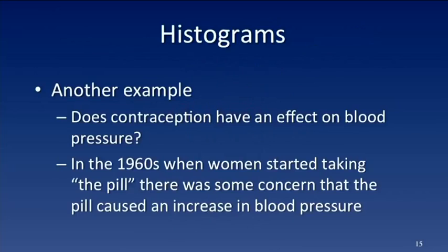Okay, one more example just to sort of drive home the point that looking at histograms can often show you more than just looking at summary statistics. This example is a little bit older.